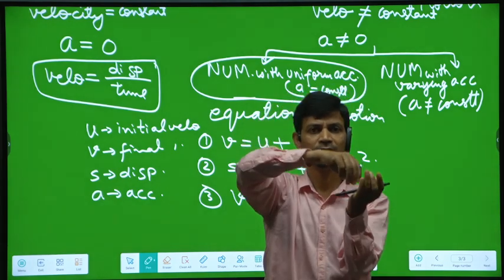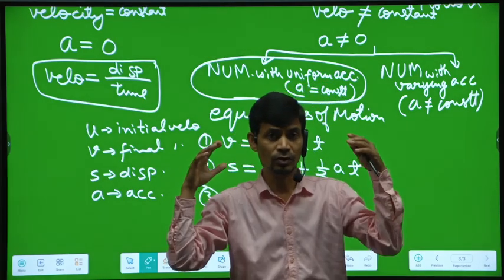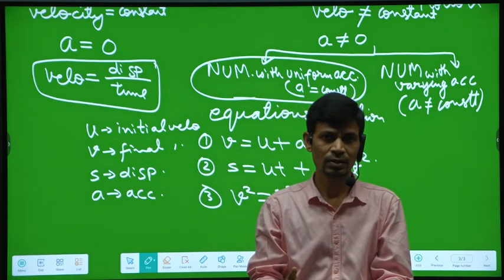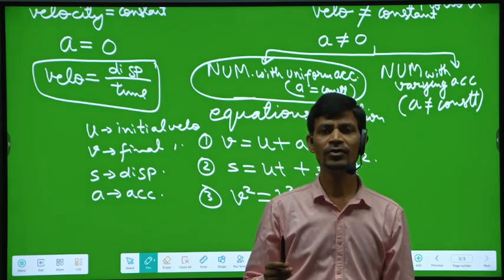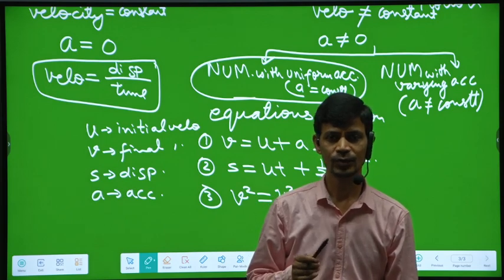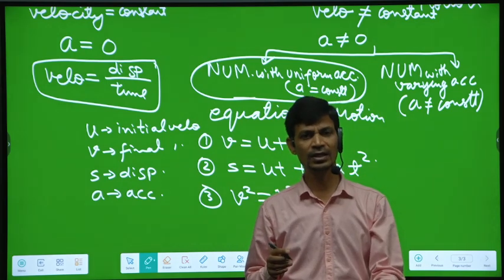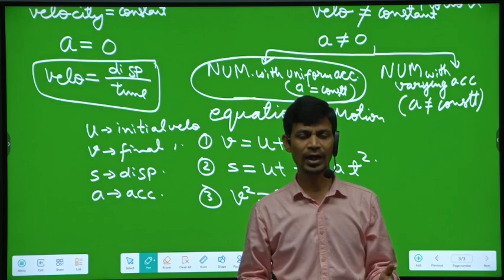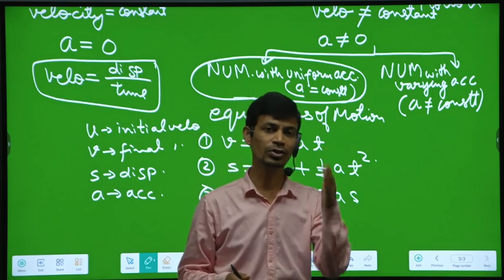But here it is increasing. It has increased so much. So if you drop something from your table, it will not acquire that much speed when it reaches the ground than if you drop it from the top of the building. So why? Because there is an acceleration due to gravity, due to gravitational pull, due to which the speed of the object continuously increases.